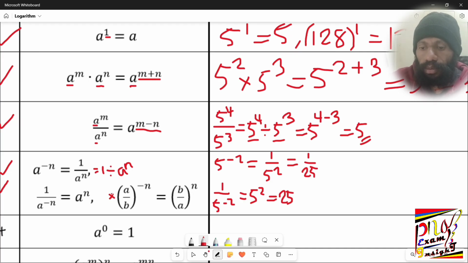Next, when a fraction inside the bracket is raised to a common power and that power is negative, like here we have negative n power, we invert the fraction, meaning the denominator goes up to the numerator and the numerator comes down to the denominator. So b becomes the numerator and a becomes the denominator.